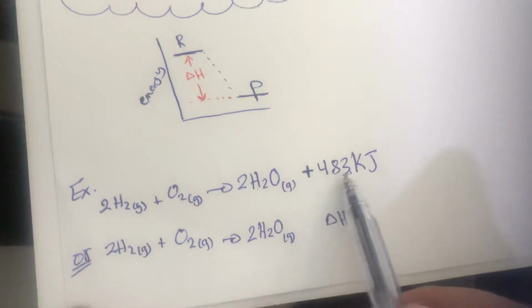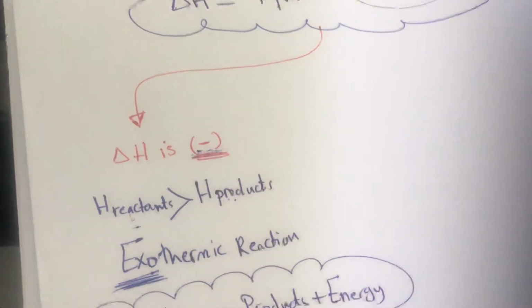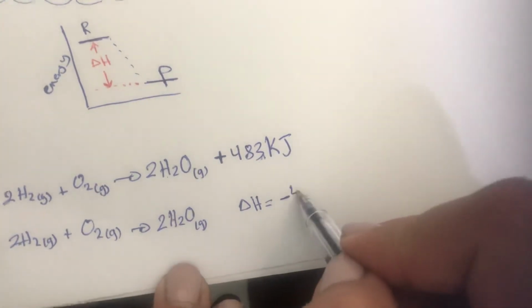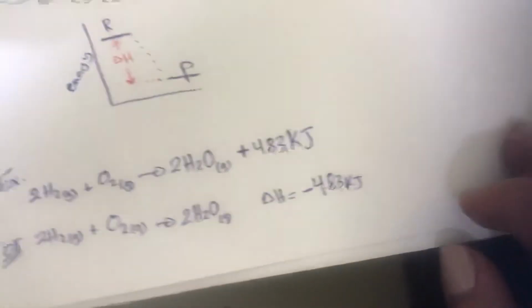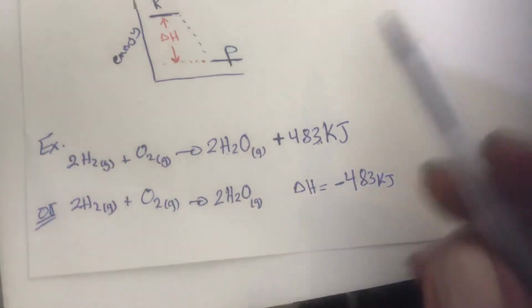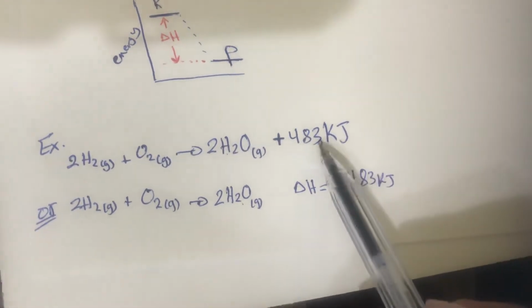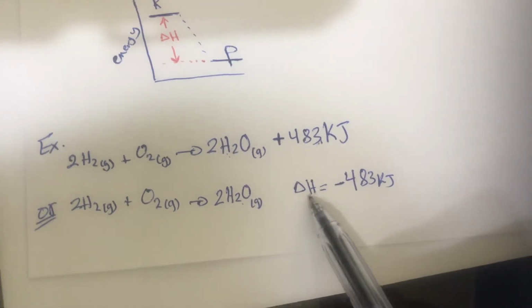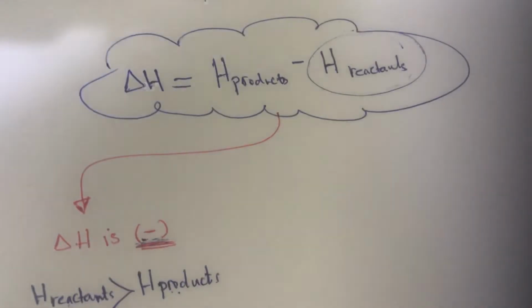Here it's an exothermic reaction, so the sign of delta H is negative, minus 483 kilojoule. So in any chemical reaction, if the sign of energy is negative, it's an exothermic reaction.